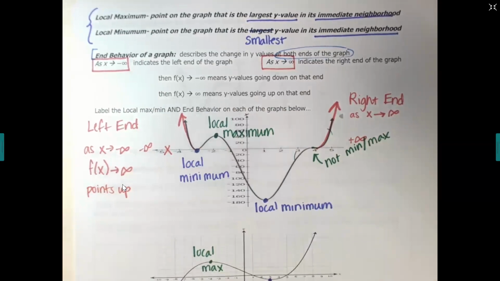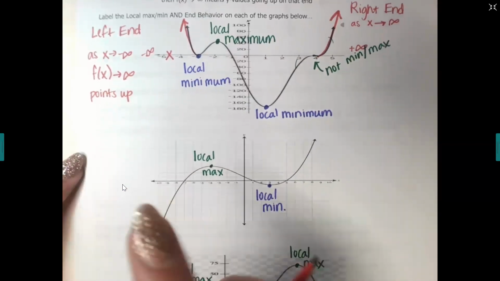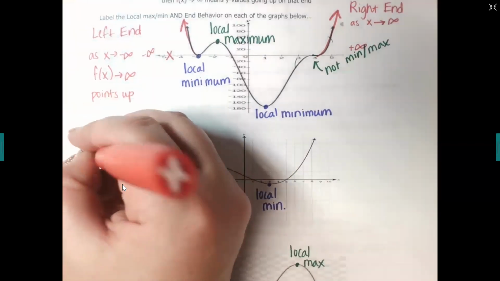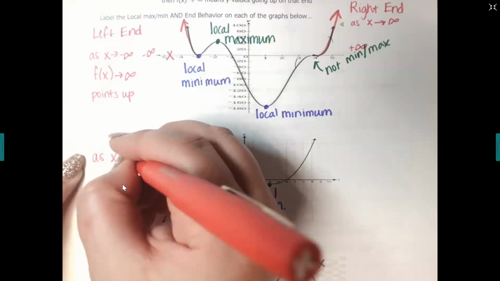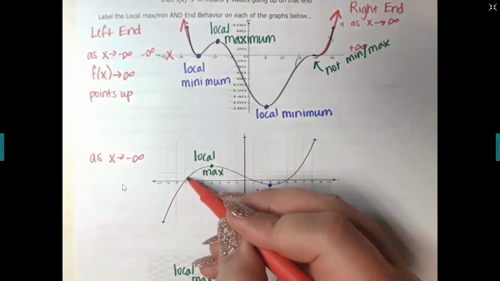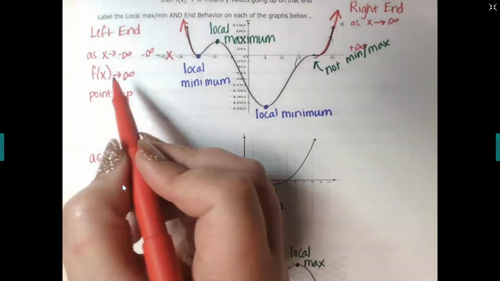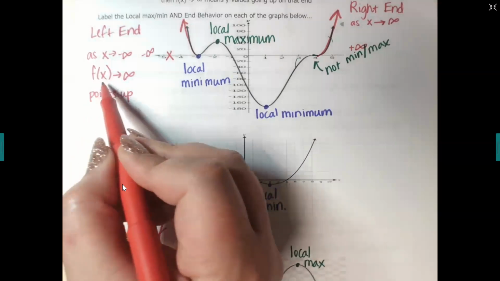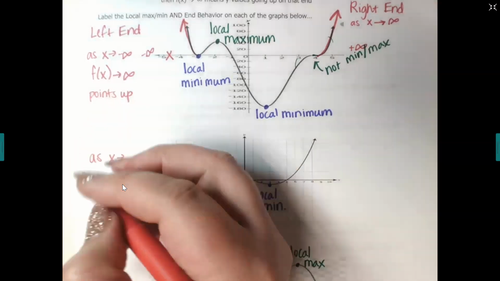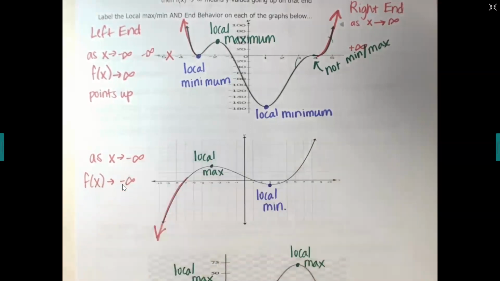Now let's contrast that with this one right below it. I'm still on the left end, so as x goes to negative infinity, but you'll notice that now my left end is pointed down. So instead of saying that f of x, my y values, are pointing up, I would say f of x is pointing down.